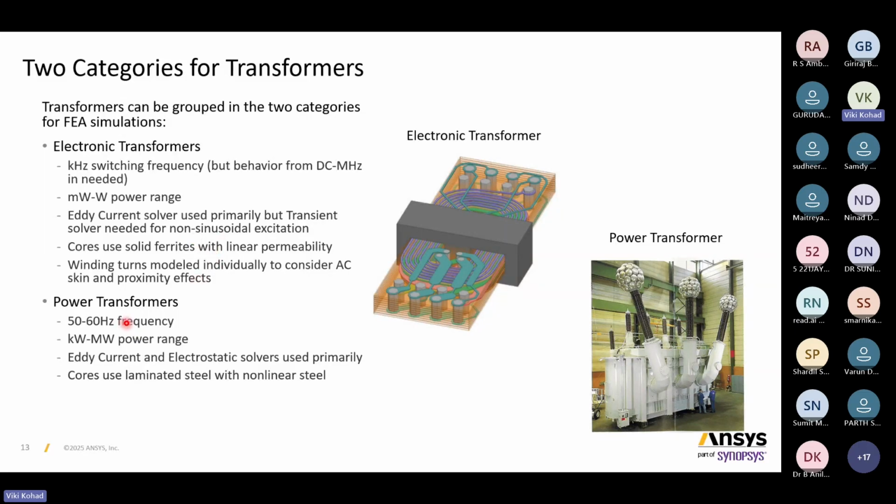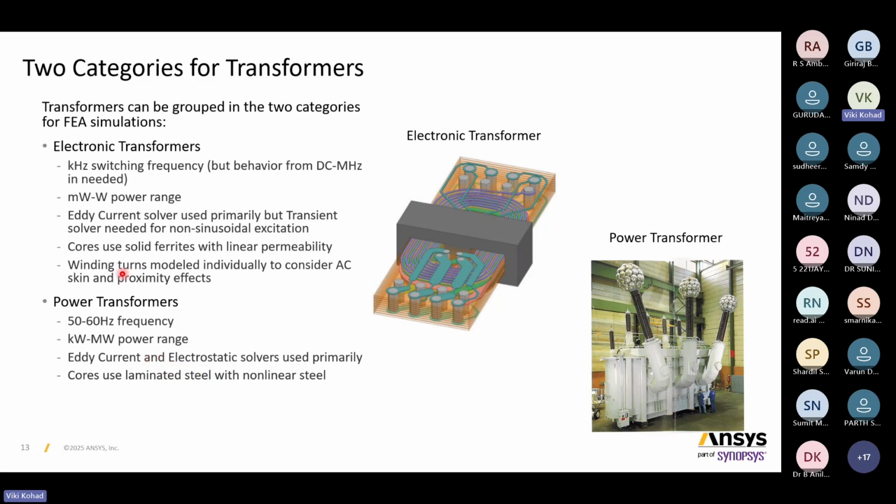But in the case of power transformers, you have to use the AC current solver as well as the electrostatic solver to get the electric field effect, because the effect is much greater in the power transformer than in the electronic transformer. So you have to simulate both the magnetic field and the electric field, and for that you use different solvers.